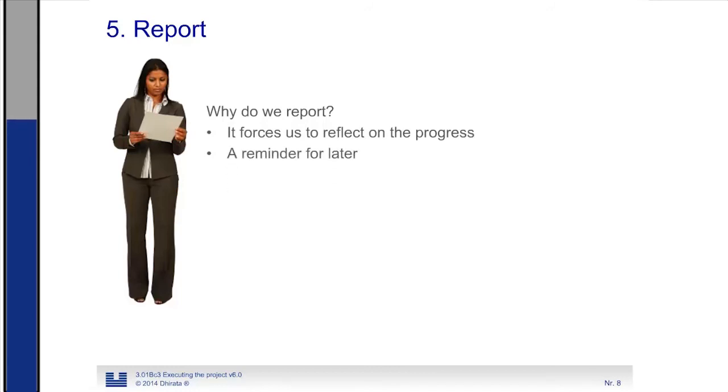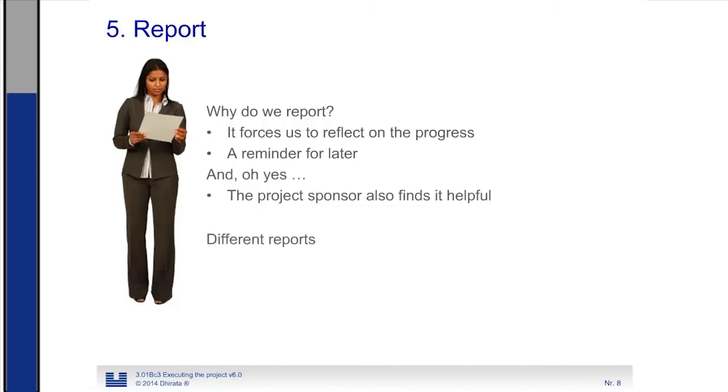But it is also a reminder for later, because human memory is very short. When we write something down, it is a kind of making a picture of the status at that very moment. And of course it also helps the project sponsor to make decisions about the project.